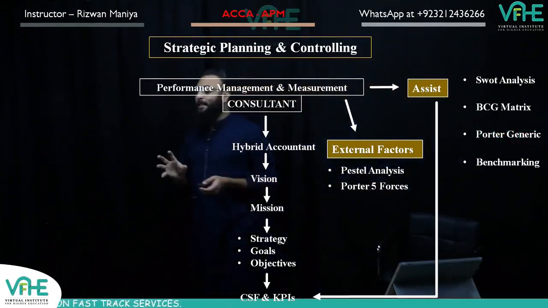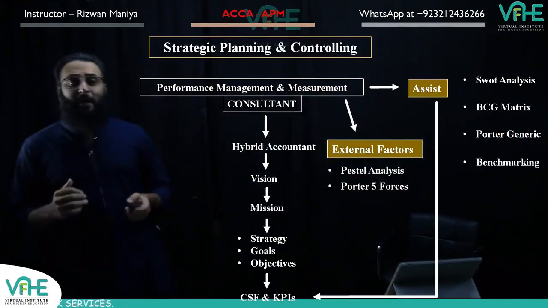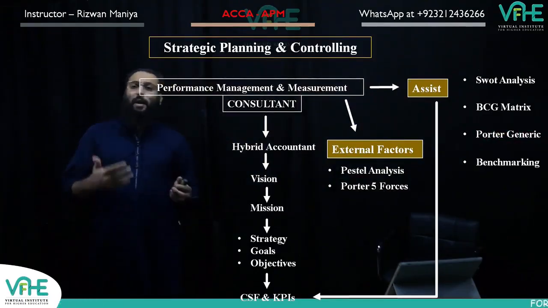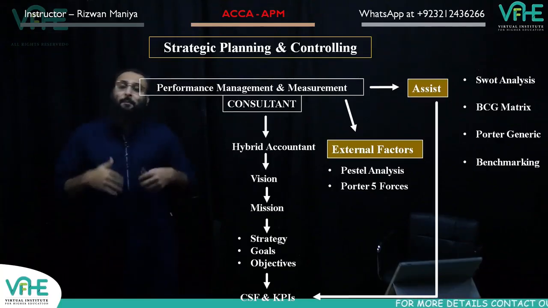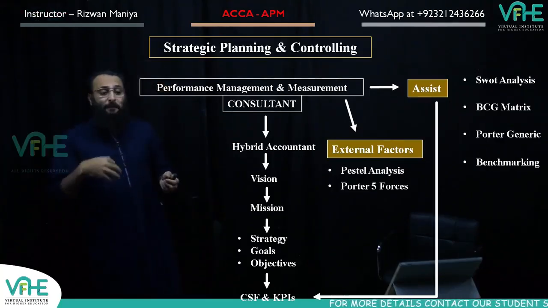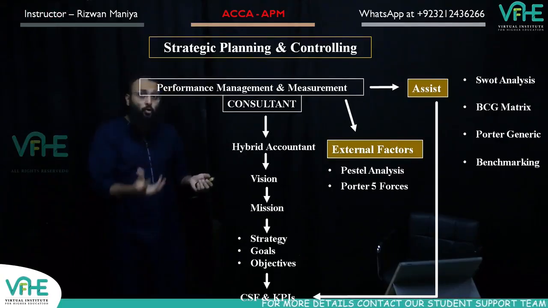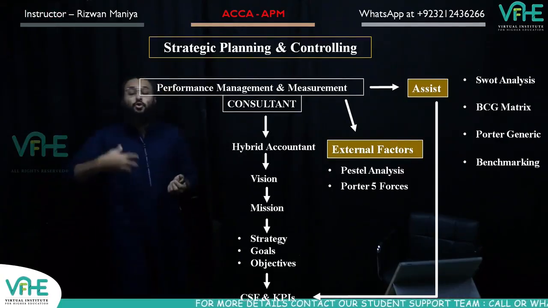Now, as a consultant, you must understand whether the pressure of new entrants is high or low. It's not that you have to do only that, but then you have to think, okay, if it is high, what should we do? If it is low, what should we do?